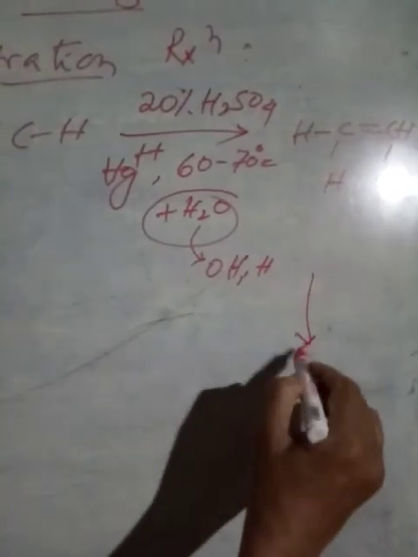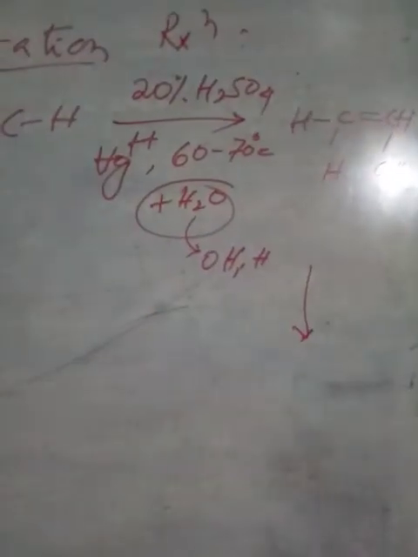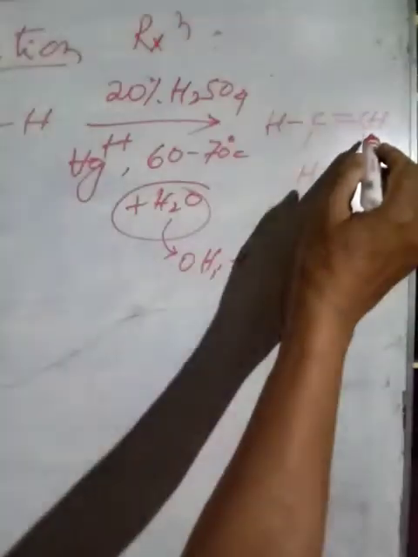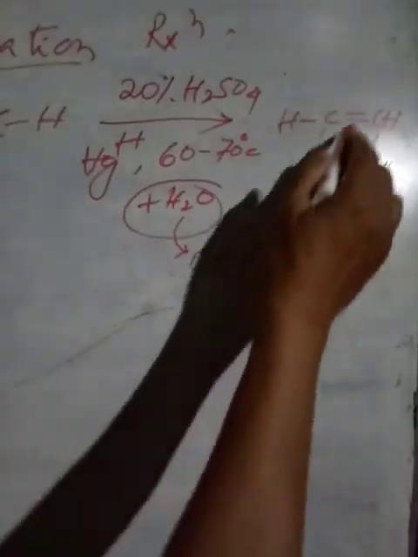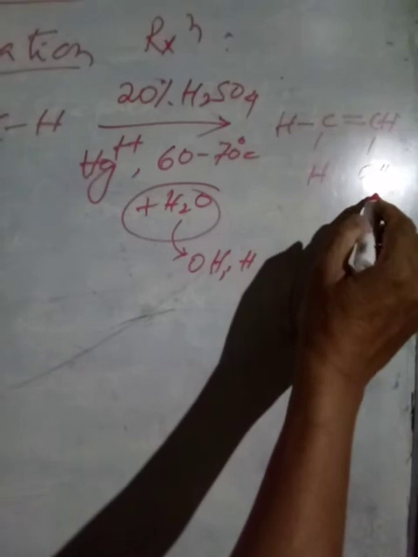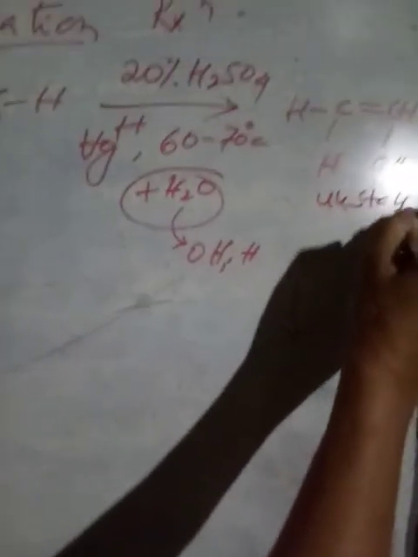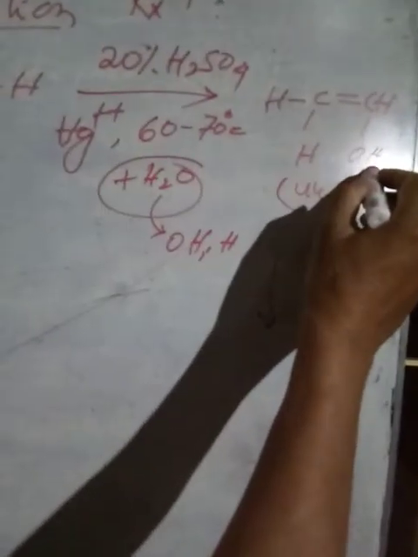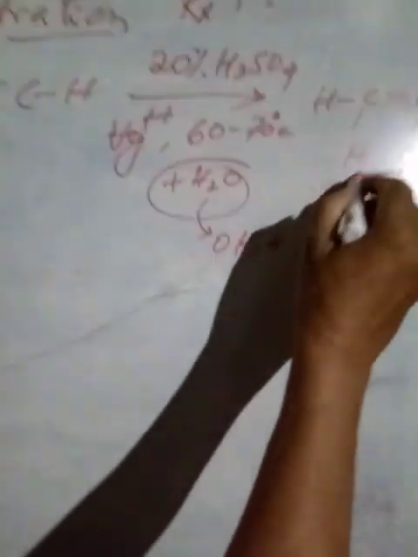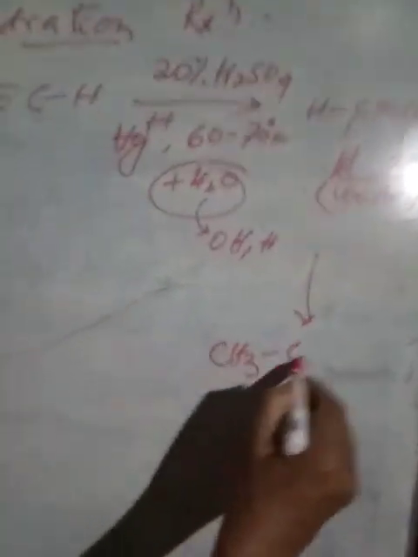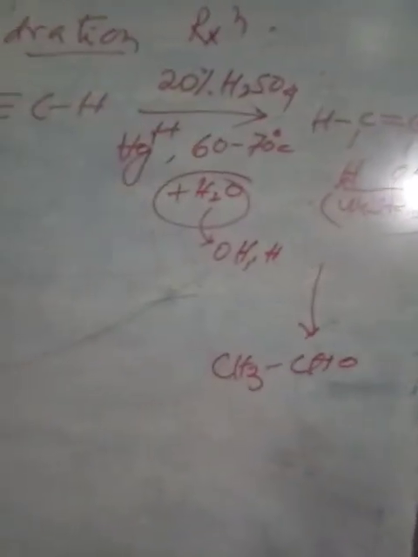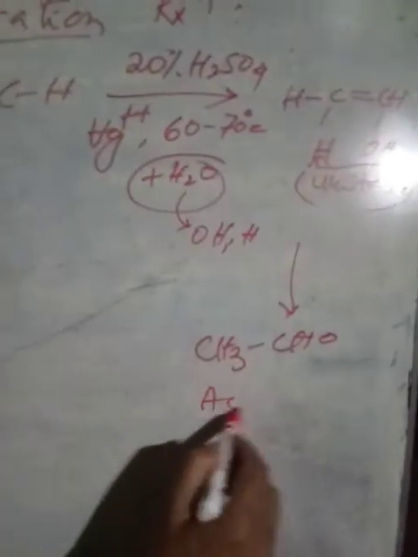Now you see, this OH group is a functional group, but it is attached to a double bonded carbon, so this is unstable. So there will be a rearrangement reaction. 1 H will come here from the OH. You will get CH3CHO. This is acetaldehyde.